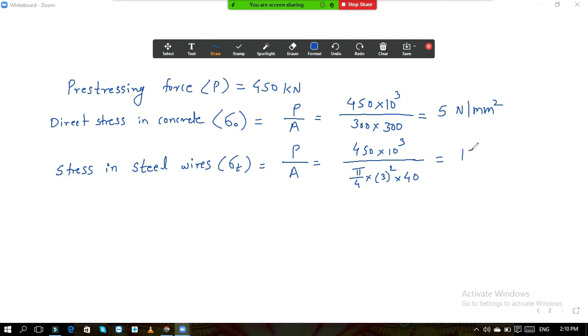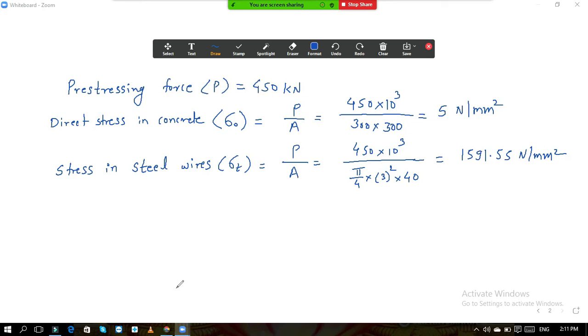So it is 1591.55 Newton per mm square. This is your initial direct stress in steel wires. It is simple, we have just used the formula P by A. Nothing is much more complex. For concrete we used the area of section, and for steel we used the area of steel.